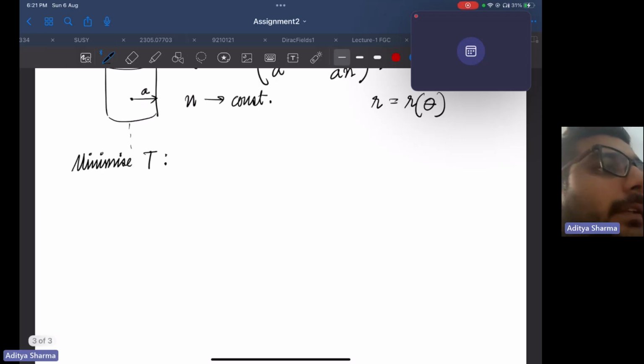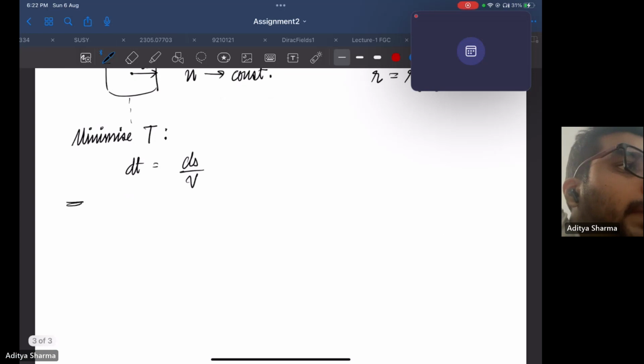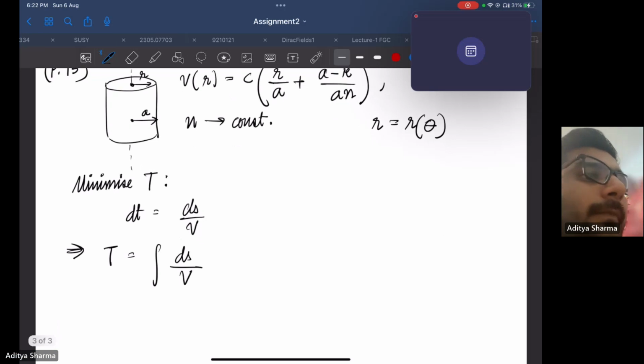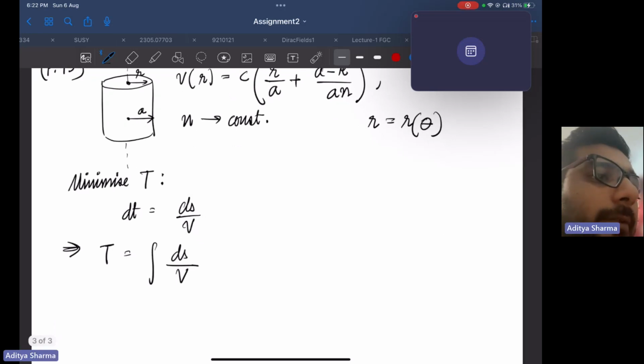The way to do it is, we know that dt is equal to ds, which is a length element, by v. Hence, if we integrate this, T is equal to the integral of ds by v. Now, I will substitute v of r, and this length element I'll write in terms of polar coordinates.